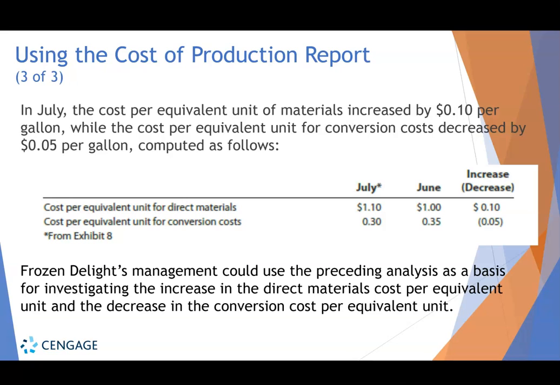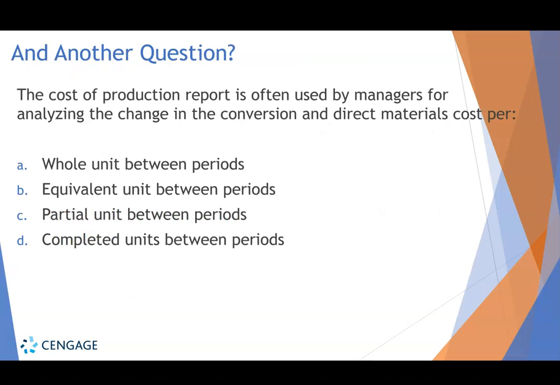But the cost per equivalent unit in June was 35 cents, in July was 30 cents. Frozen Delight's management could use the preceding analysis as a basis for investigating what happened. What was the increase in direct materials? And what's the decrease in the conversion costs per equivalent unit?